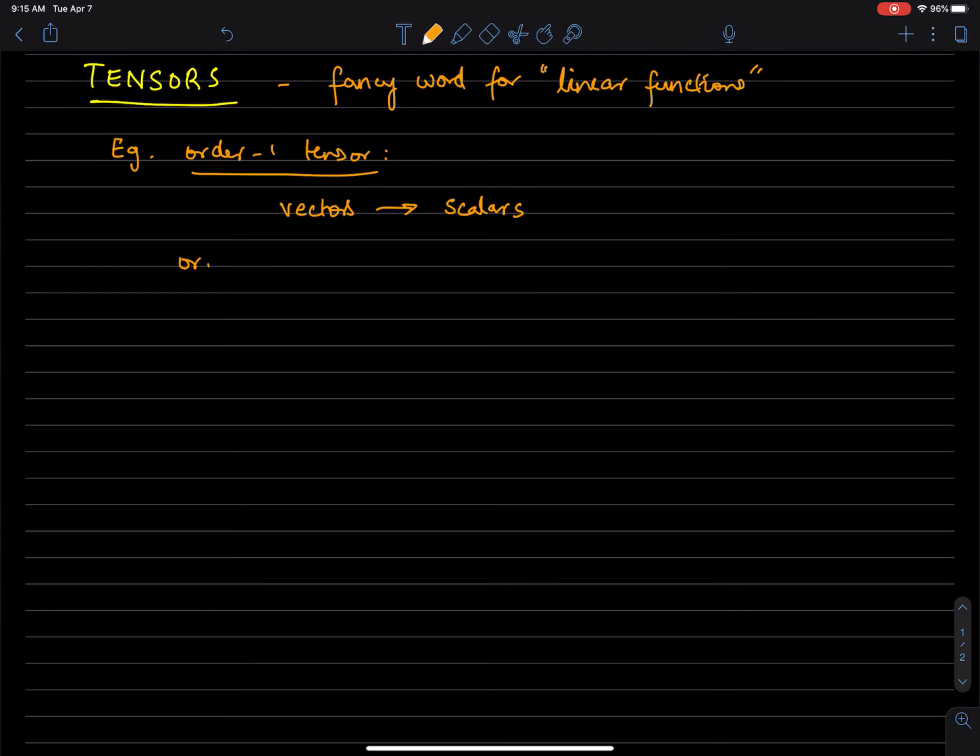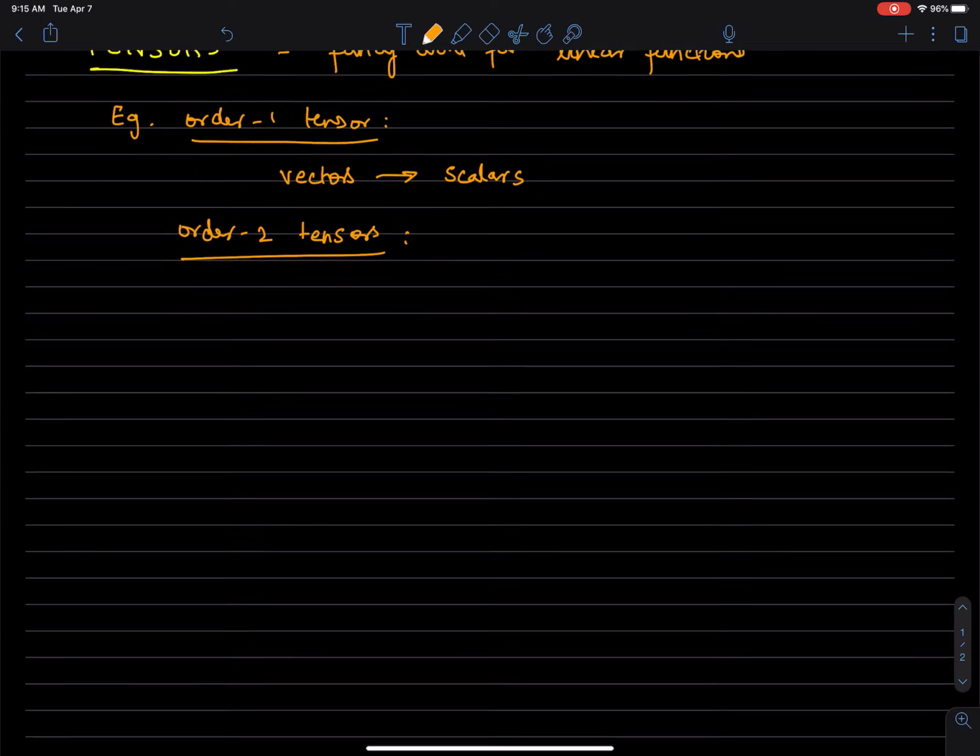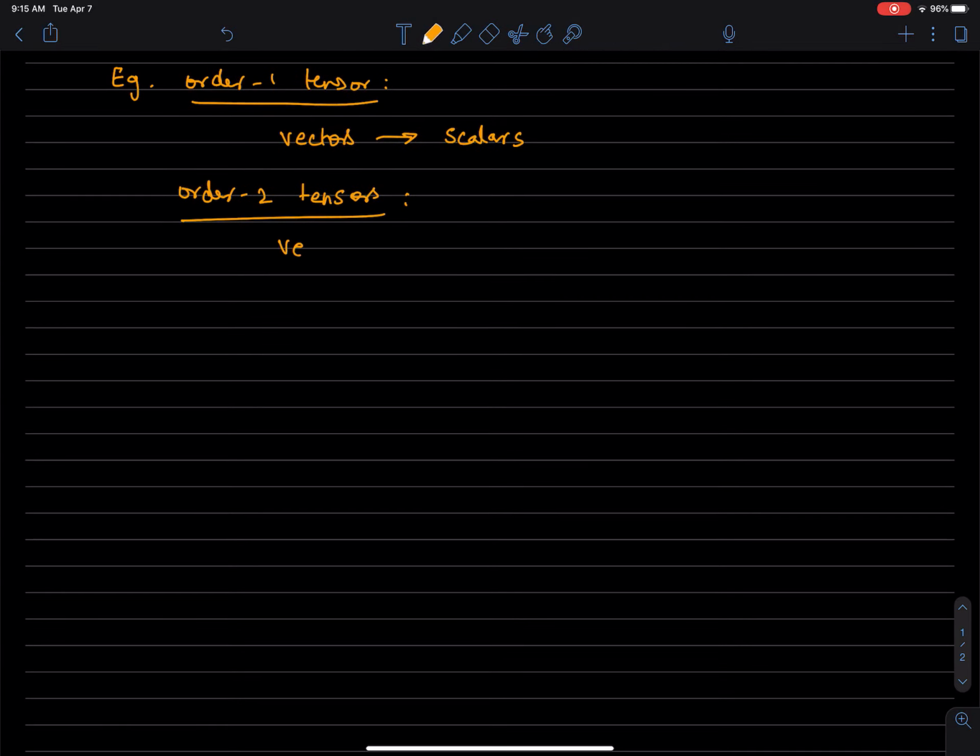Order 2 tensors, which is sort of what we would focus on right now in more detail. Order 2 tensors are functions, linear functions that take vectors to vectors. Okay, the input is a vector, the output is a vector.